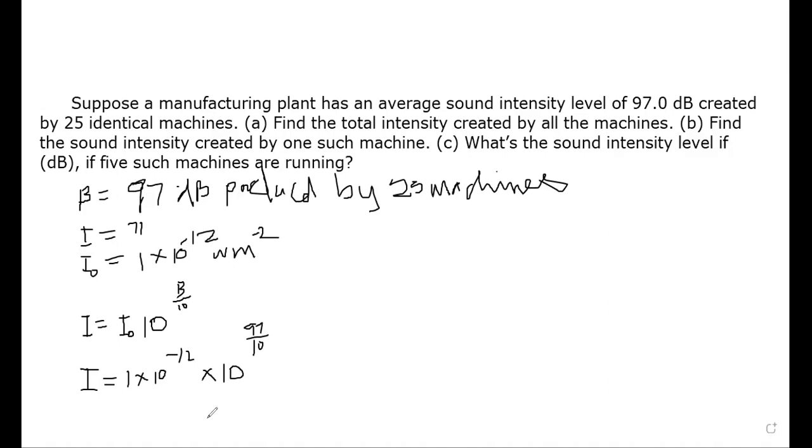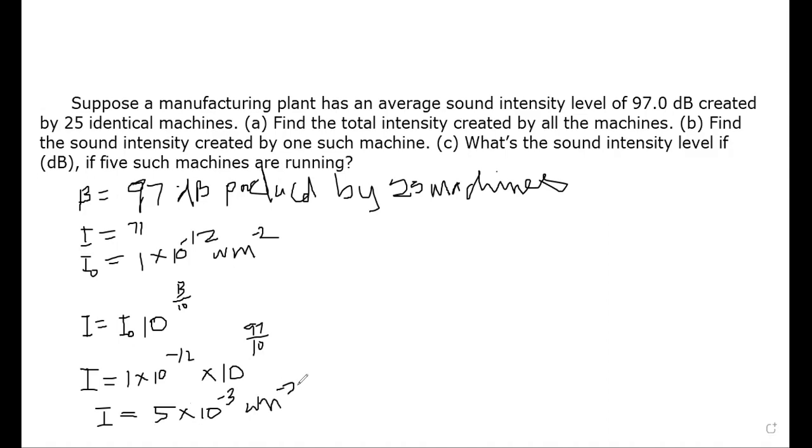When you simplify this, you will now get I equals to 5 times 10 to power minus 3 watts per meter square.